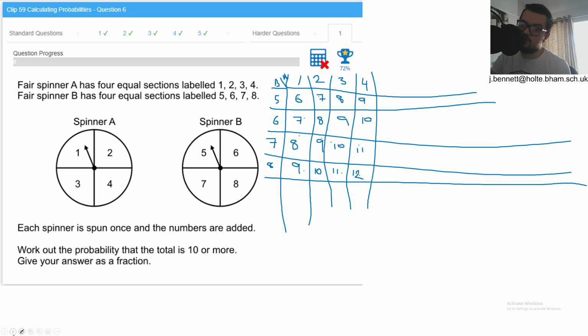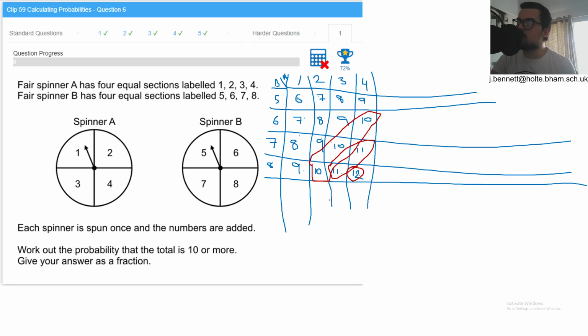Okay, I want to change the colour for this bit, just so we can distinguish. I'm going to go to dark red. Now it says we're looking for the probability that the total is 10 or more. So we're looking for numbers on here that are 10 or more. So 10 is 10 or more. We have 3 10s. We have 2 11s. And we have 1 12. 3 plus 2 plus 1 is 6.